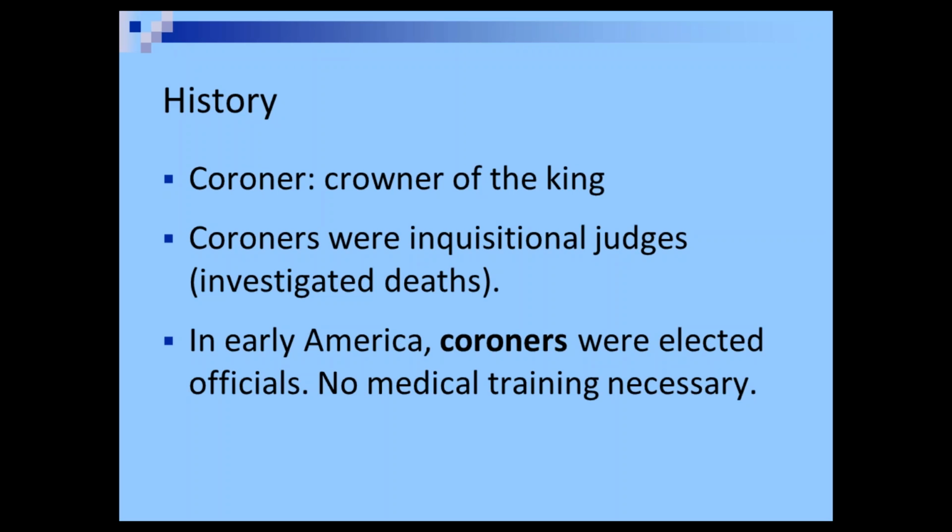But they really had no medical background. They had no forensic science background. So that was coroners. In early America, coroners were elected officials, so not necessarily judges, but still elected to the government system here. They didn't require any medical training, but they were involved with investigating deaths.